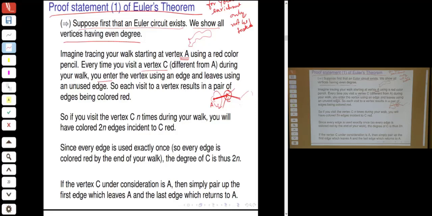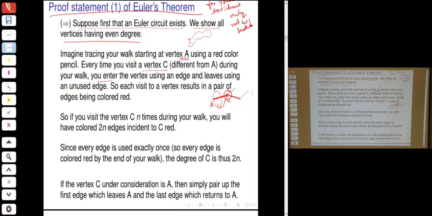Any questions? So this gives you the flavor of graph theory. Your graph may be completely arbitrary, completely random, and you are not making practically any assumptions about it, but just the existence of an Euler circuit allows you to count things cleverly in this manner, and ultimately you end at the conclusion that every vertex of the graph must have an even number of edges occurring at that vertex. Okay?